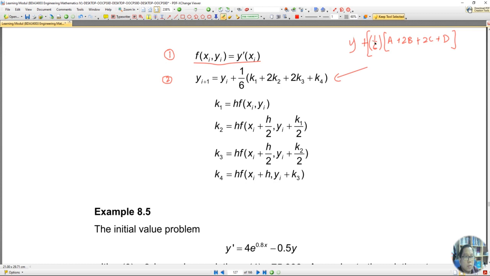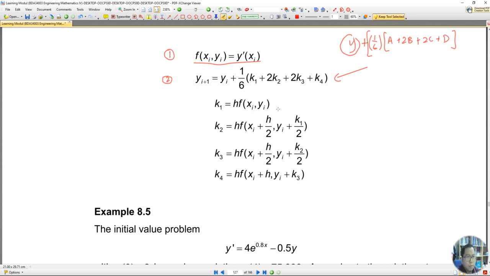Easy. Y plus 1 over 6, multiply by A plus 2B plus 2C plus D. You have to remember that A is equal to K1, B equal to K2, C equal to K3 and D equal to K4. From your calculator, they will ask you what is the number of Y, and the numbers of A, B, C and D. Then you can straightforwardly follow the numbers as given in the question.